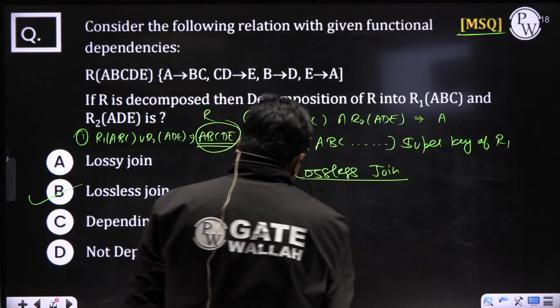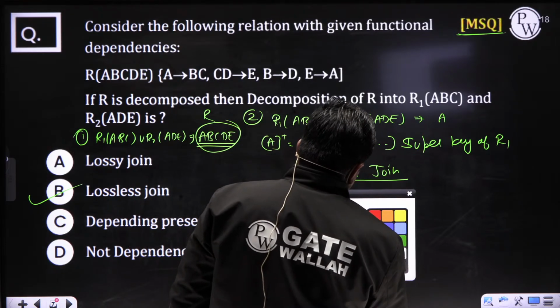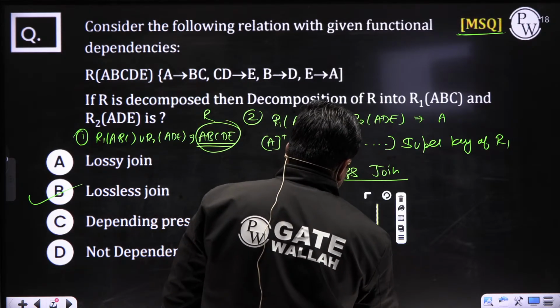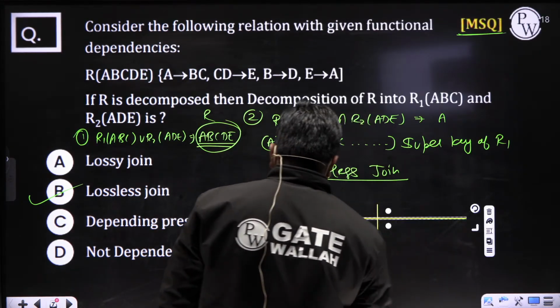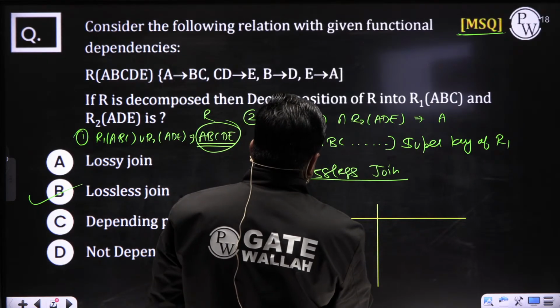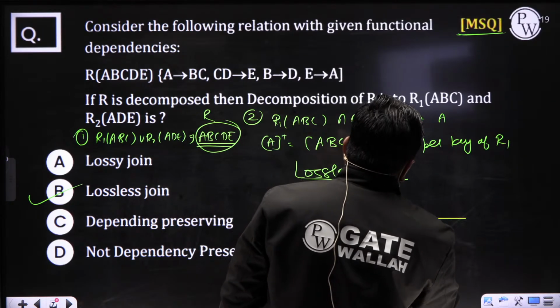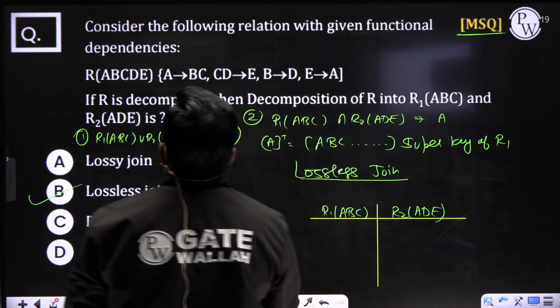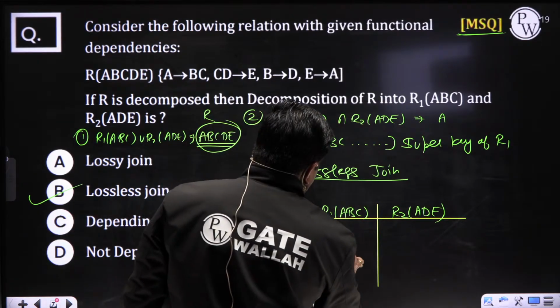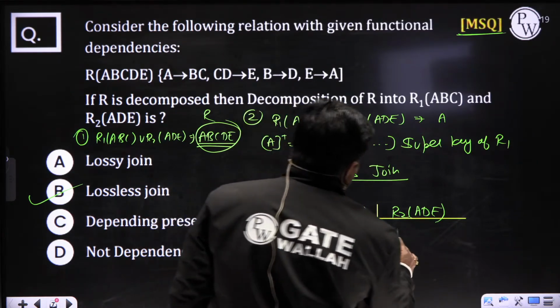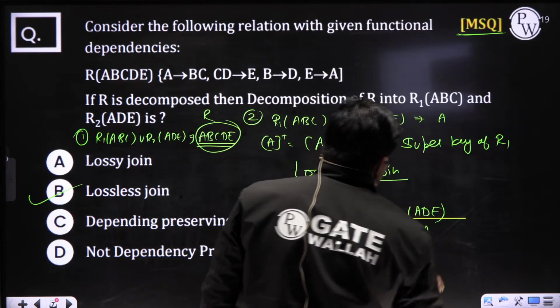Now, you know the domain, what I am saying. You write R1 ABC and R2 ADE. Whatever FDs are satisfied here, you can directly write: A tends to BC is preserved here, E tends to A is preserved here. Yes or no?